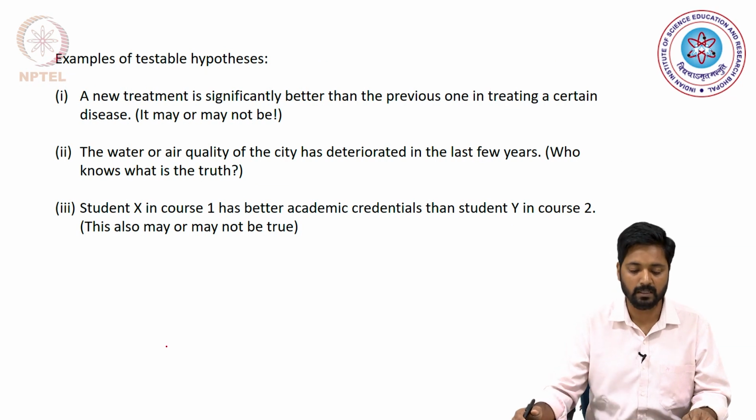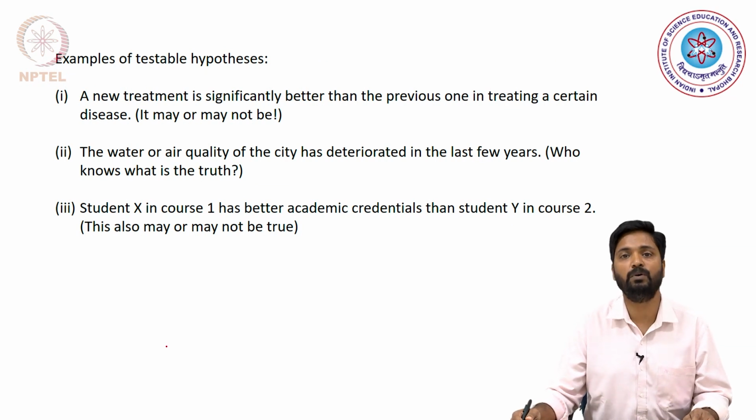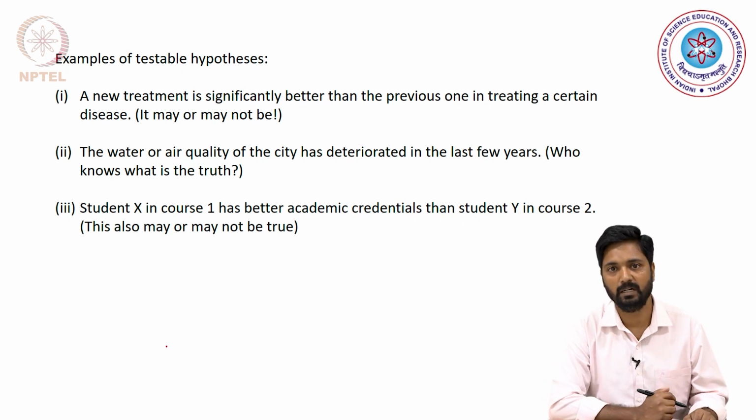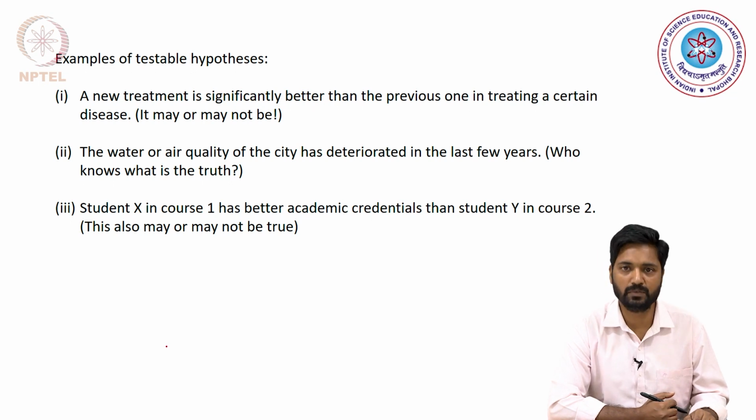Before that, let us see some examples of hypotheses that we can test through generation of scientific data. For example, let us presume that we created a treatment for a certain illness. Now, we need to test whether this treatment is actually working on the disease that we are utilizing this treatment for.